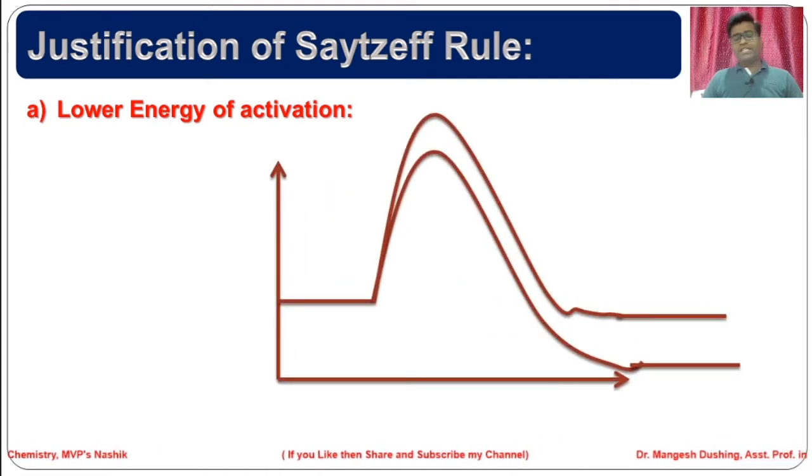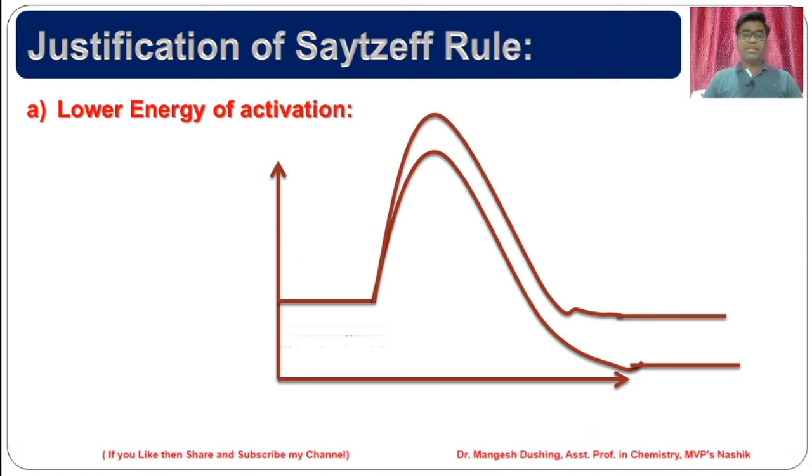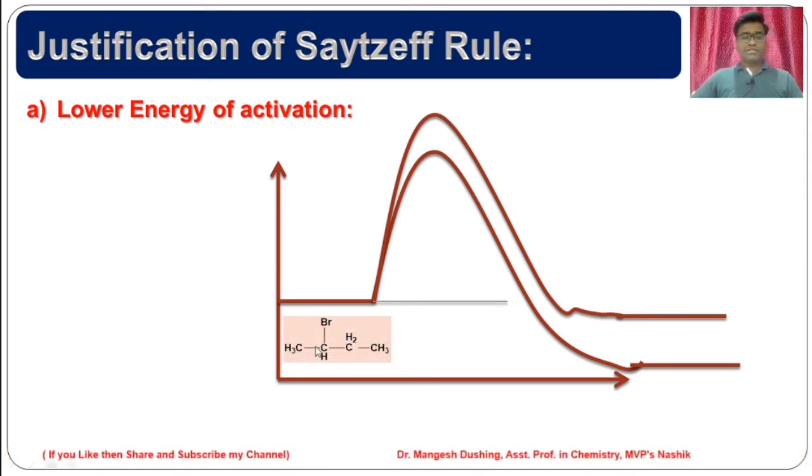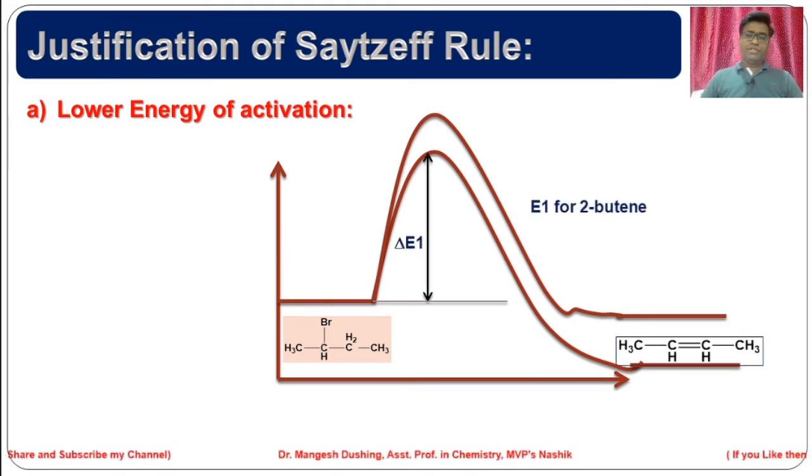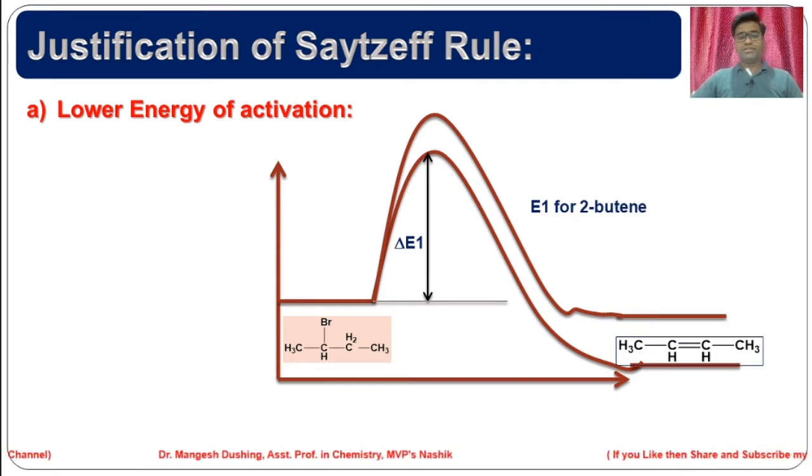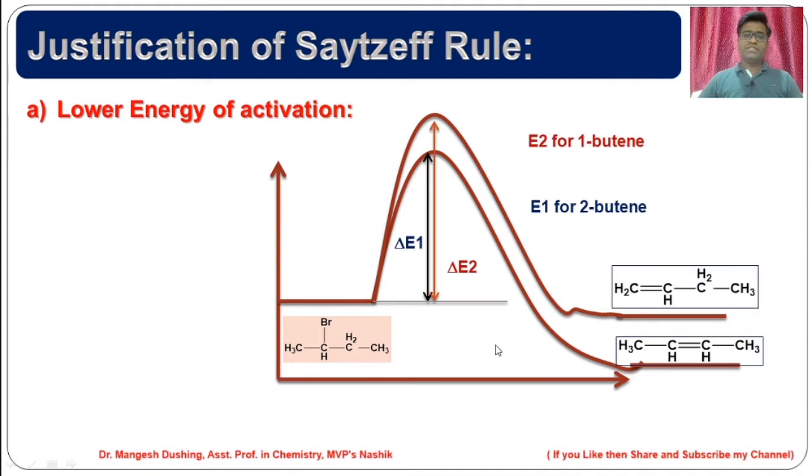Friends, we will see the energy profile diagram for elimination reactions, for the more substituted as well as the less substituted product. Suppose this is our substrate, 2-bromobutane. If we react it with any base, we will get two energies of activation.